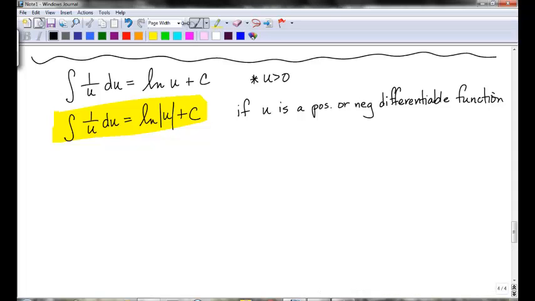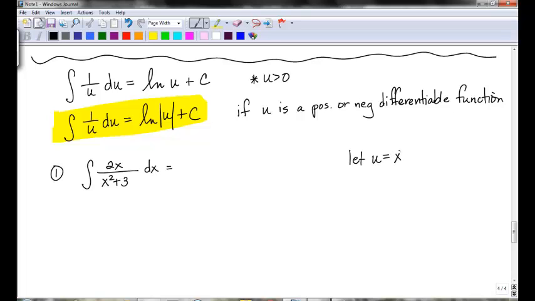Now let's look at a couple of examples. This is going to look like integration with substitution. If I give you the indefinite integral, up in the numerator 2x, in the denominator x squared plus 3, with respect to x. Let u equal which one?